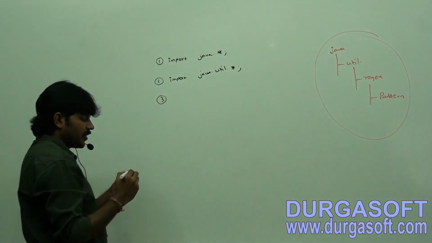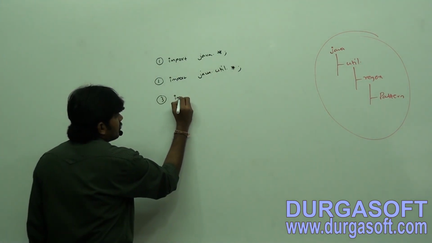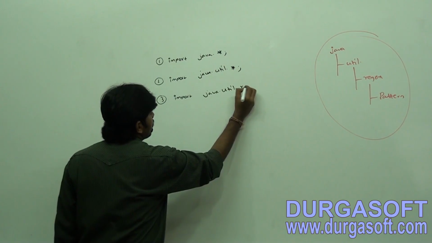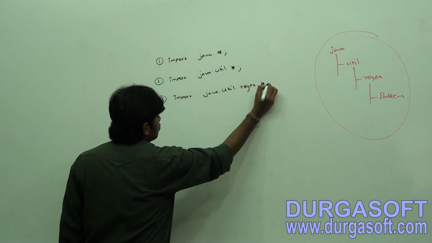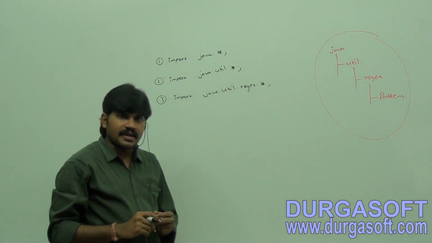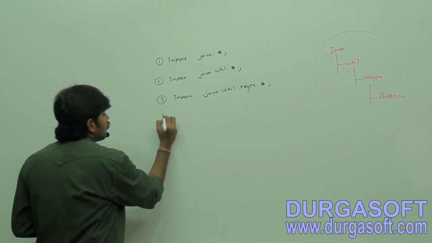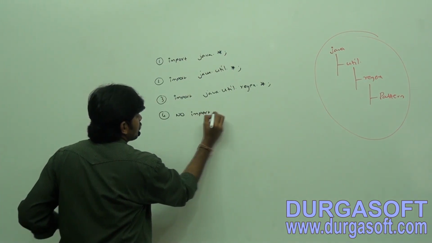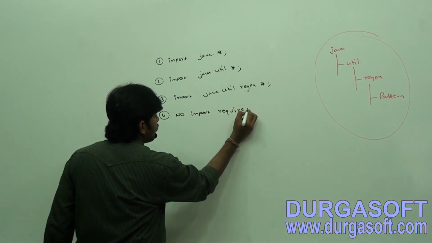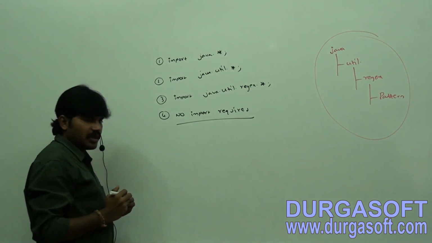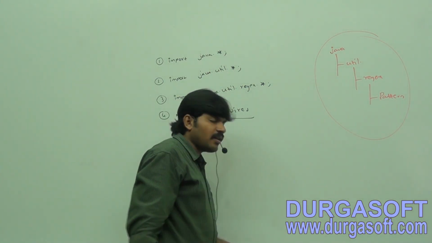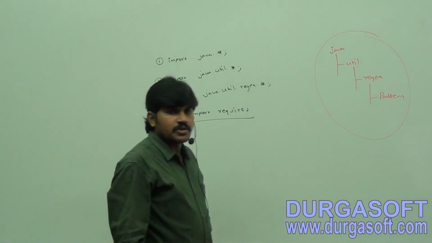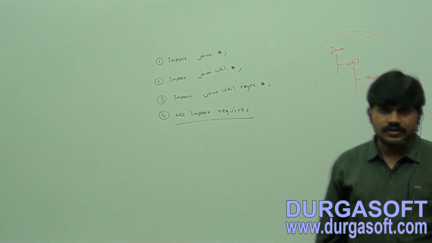Third one, import java.util.regex.*. Fourth one, no import required because by default it's available to every Java program. Can you tell which import is required to use it? First one, second one, third one, or fourth one?